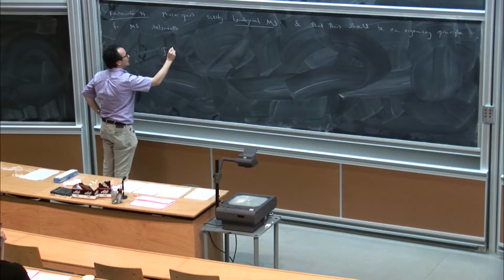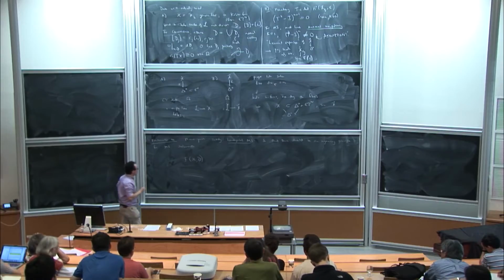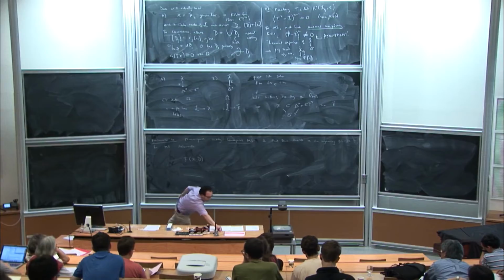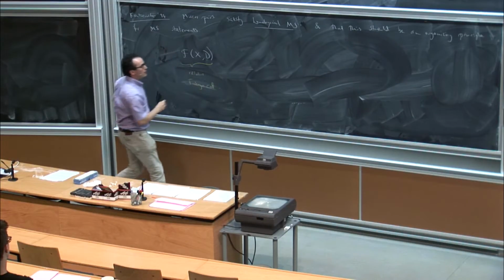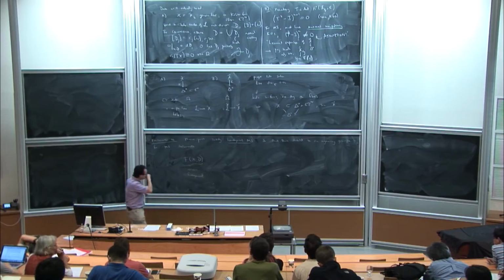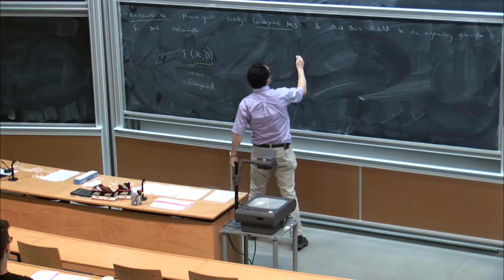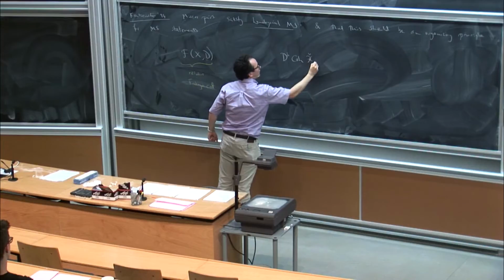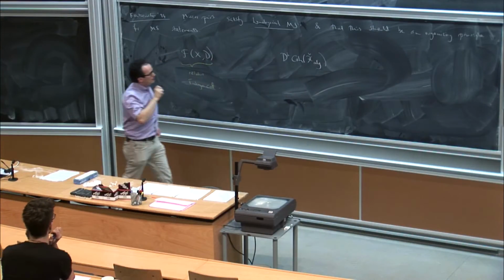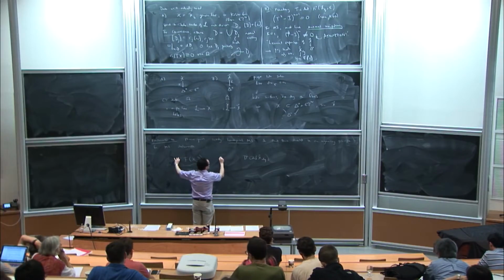I'm going to take the relative Fukaya category, and I'll say a little bit about it in a moment, of X relative to D, so some sort of Lagrangians, and I'll take the derived category of coherent sheaves on X check algebraic, and, roughly speaking, I want to say that these are equivalent.